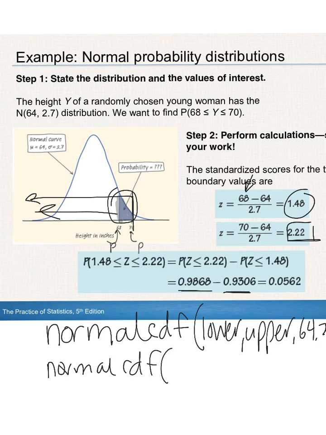So your lower bound in this case is 68, the upper bound is 70, separated by commas, and then you're telling the calculator what normal curve you have. You have a mean of 64 and a standard deviation of 2.7, and it will give you this number. It will calculate the z-scores for you, it will do the subtraction for you, it will give the area in between those two boundary points, and that's the probability that it's between a 68 and a 70-inch woman.